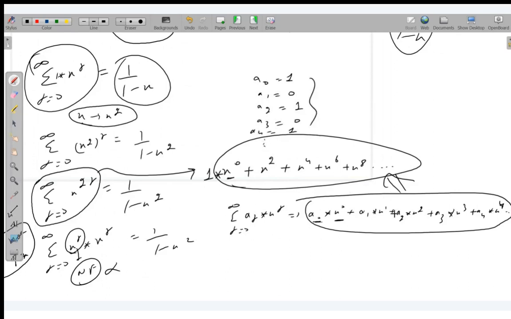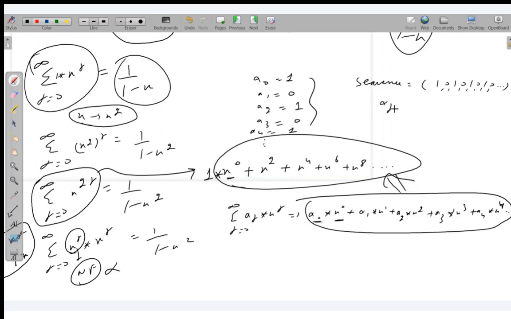So now we have got the numeric function. What is the numeric function? The sequence is 1 0 1 0 1 0 1 0 and so on up to infinity, alternating.